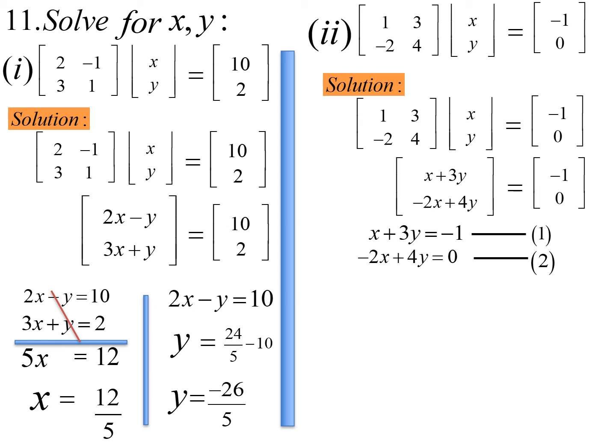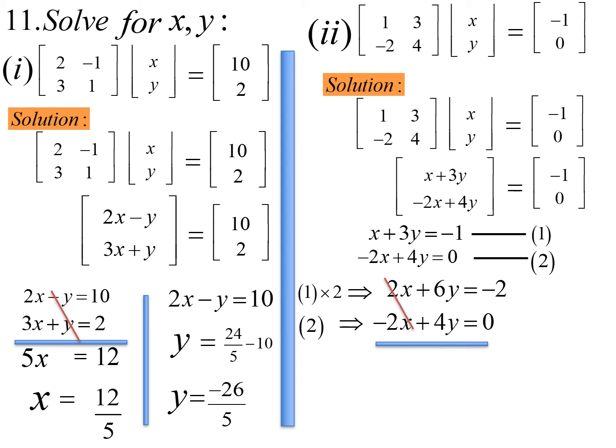For that reason, we'll multiply equation 1 with 2. Equation 2 we'll write as it is. Now the coefficient of x is the same, so we can cancel this. 10y equal to minus 2, y equal to minus 1 by 5.